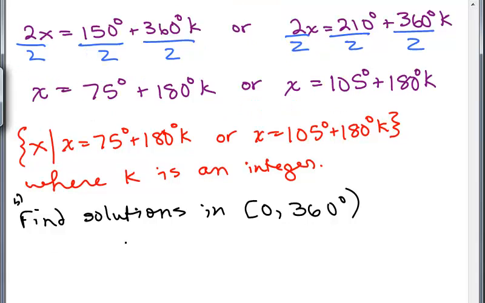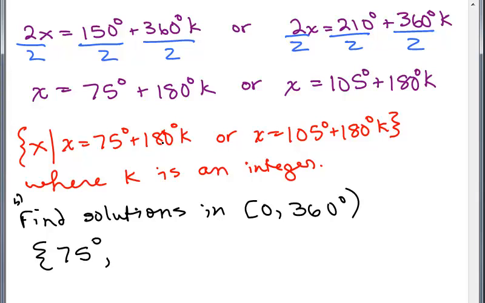Okay, so for part B, we've got 75 degrees plus 180 degrees k. So 75 degrees is going to work, right? So that's a solution. Now, what would the next one be here? You would add 180 degrees times 1. So what's 75 plus 180 degrees? That's 255 degrees.